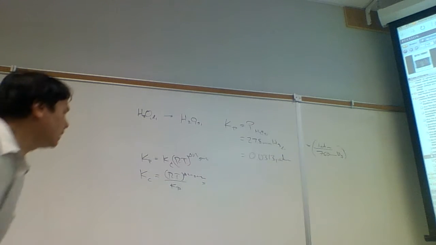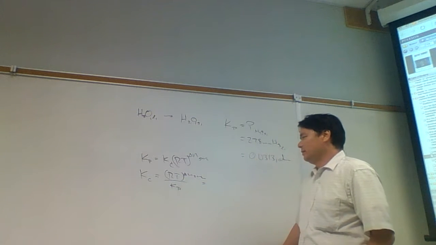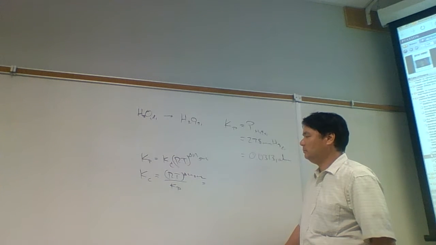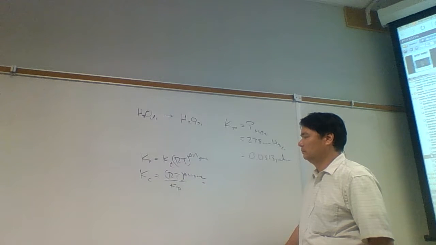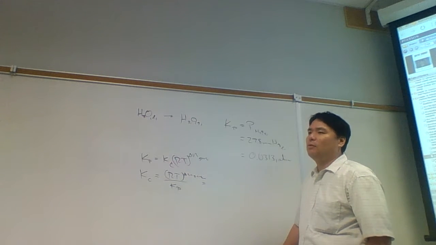But anyway, we should know what R we should use for this. What R do we need to use? How did we derive this equation? Does anybody recall how we derived it? It's from the ideal gas law, so we should use not the 8.314, we should use the 0.08.